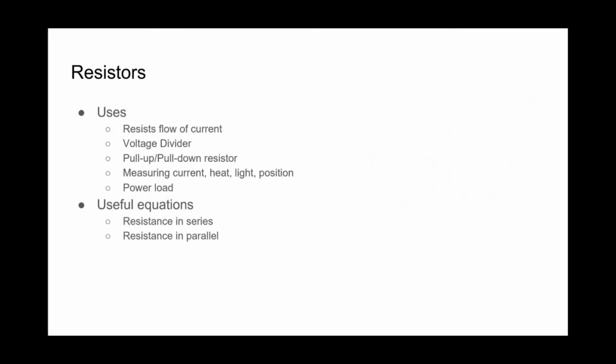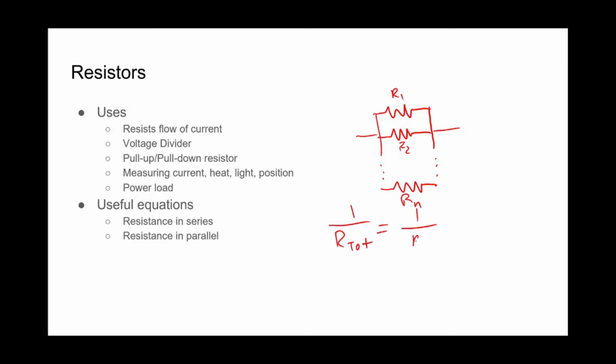Now resistance in parallel is a little trickier, but let's sketch this out. That would look something like the following. If we have R1 and R2 and R sub n, this is equal to R total, and I'm actually going to start with 1 over R total is equal to 1 over R1 plus 1 over R2 plus ... plus 1 over R sub n.